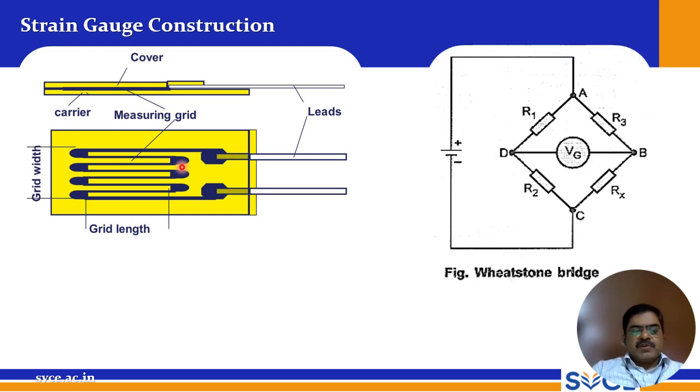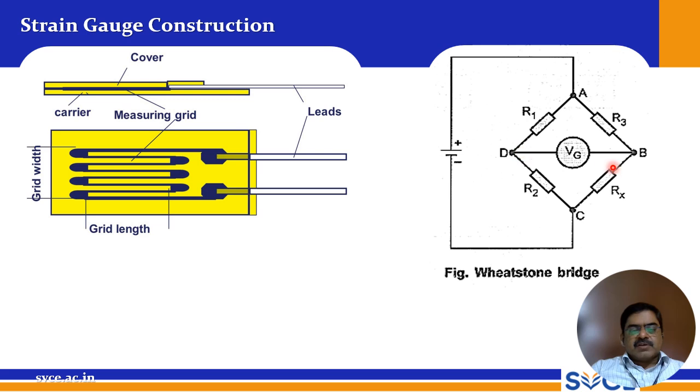And this is the Wheatstone bridge, and here R1, R2, R3 are known resistors employed here, and Rx is the strain gauge element, which is the unknown resistance. Any unknown resistance with three known resistors can be easily found out.